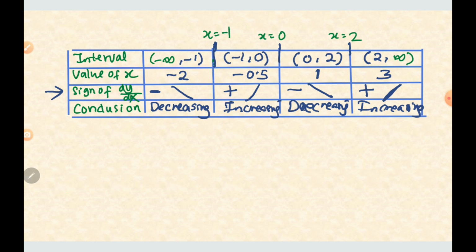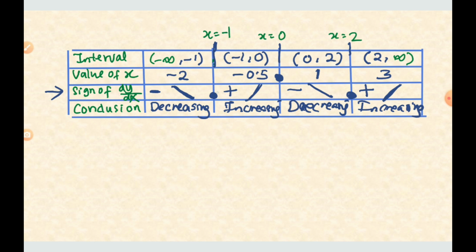Okay, therefore we can see that at x equals negative 1, the function goes from decreasing to increasing. Therefore we can say that there is a minimum point here, and at x equals 0 we have a maximum point, and at x equals 2 we have a minimum point. Okay, so that is our conclusion.